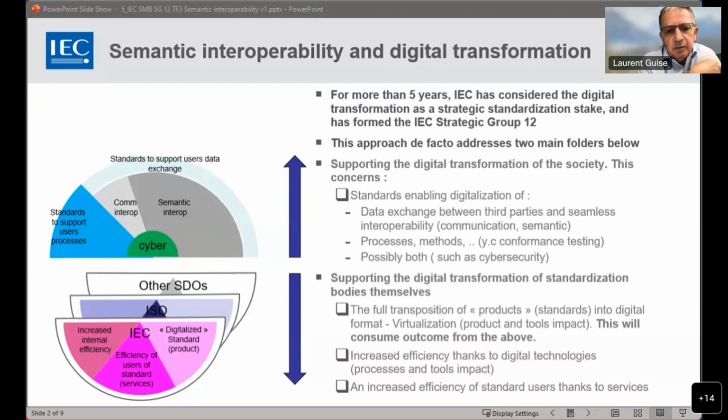This means working on the transposition of what used to be the product of such bodies, which are standards, into digital format, their virtualization, and increasing the efficiency in producing these digital elements. So, of course, both aspects are linked, and this is what will be in the next slide.